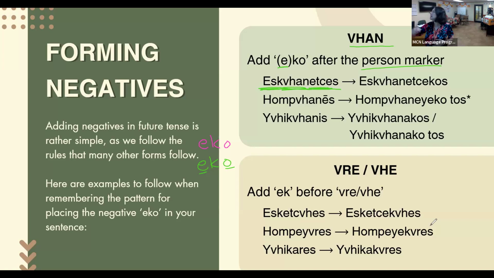Itchi is our piece for you. And then our S is our statement, right? So we need to put eagle after the person marker. And the rule basically is this E drops if something is already there to take its spot. So itchy has its own E. So we drop the E. So iskahan, itchy, go, and then our S again.